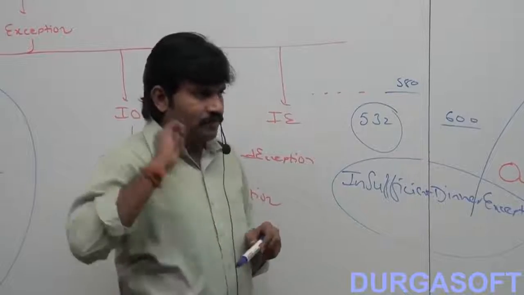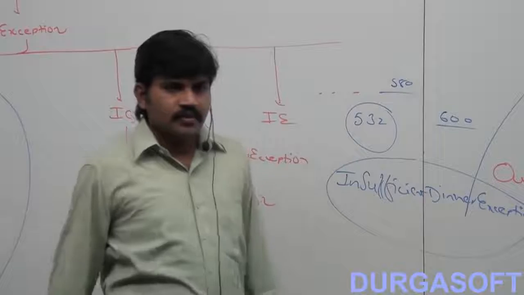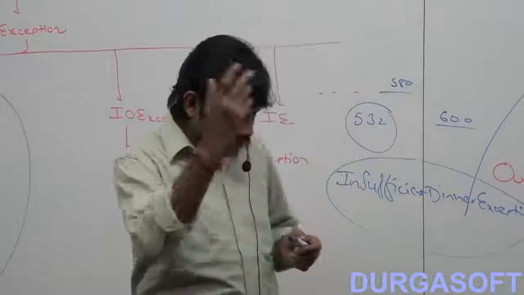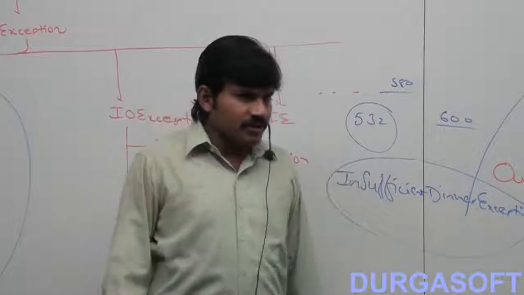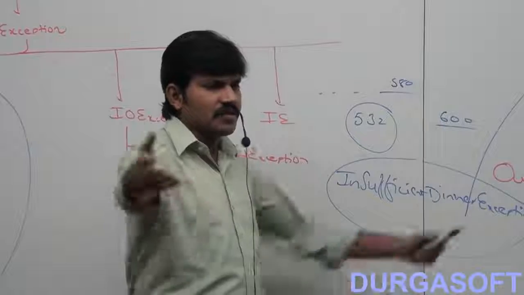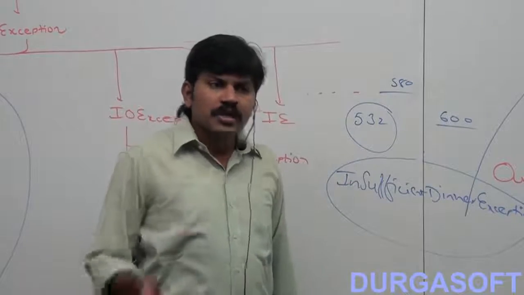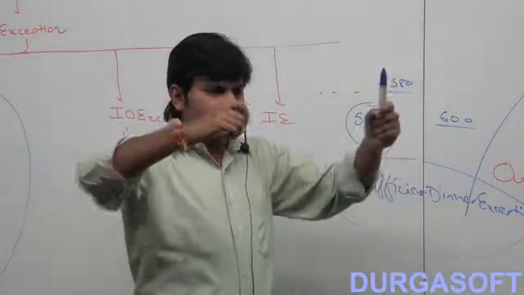Then after some time, your grandpa called once again. Can you please come once? Then you went there. Durga, how many members are going to come for the function? Almost 530 or 600 members. There may be a chance of a short circuit exception.